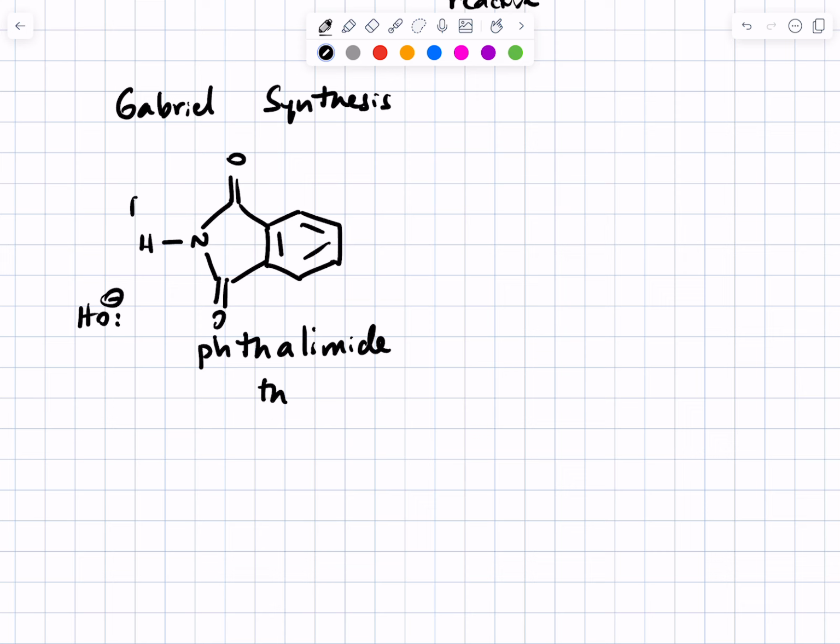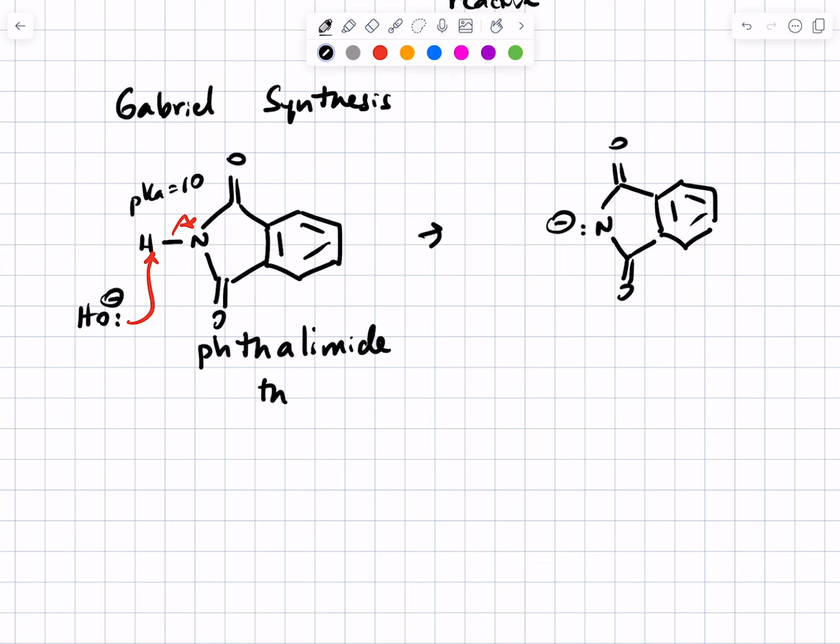And you can use hydroxide as a base to remove this proton on the nitrogen, which has a pKa of 10. The reason it's got a pKa of 10 is because the nitrogen is resonance stabilized. So you make the anion of phthalimide, so let's draw it like that. Then you use that as your nucleophile.